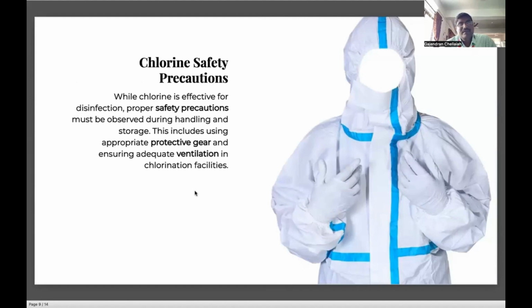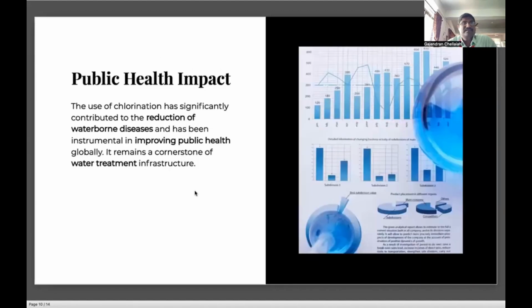In any form, especially the gaseous form, we should be very proactive to ensure that it does not affect the health of the people handling the chlorine. This includes using appropriate protective gear and ensuring adequate ventilation in the chlorination facilities.